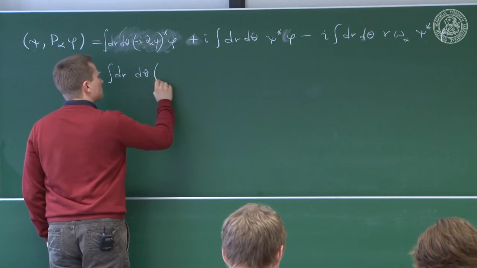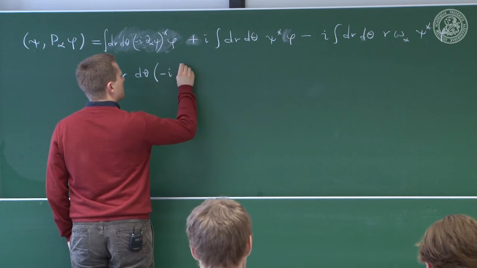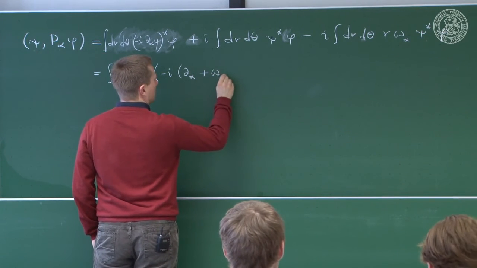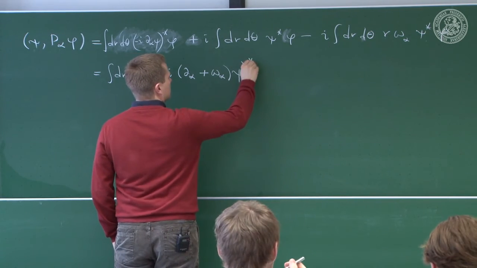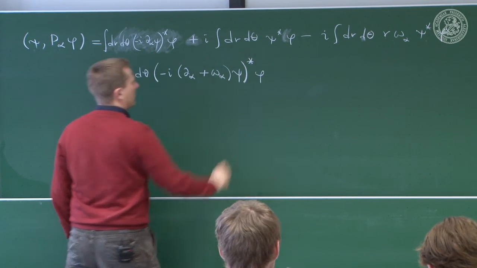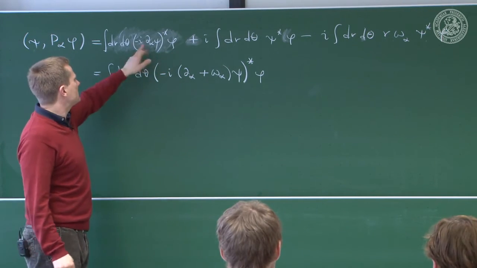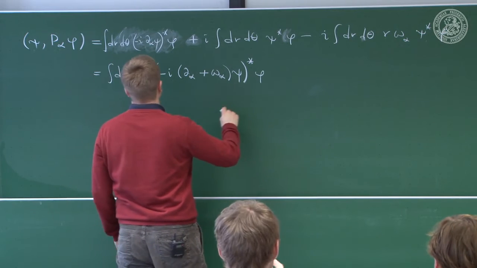Now let's write what we want to have. We want to have that this is del alpha plus omega alpha acting on psi, then starred on phi, plus the other 2 terms. But I now didn't write what is here, so I need to correct this. Now, what's the correction term?